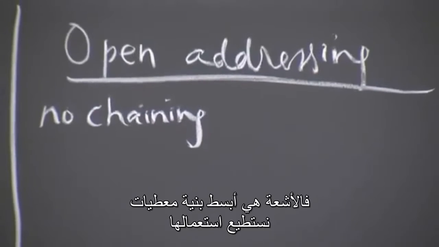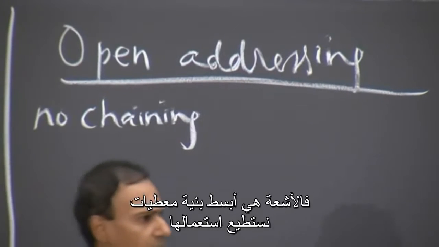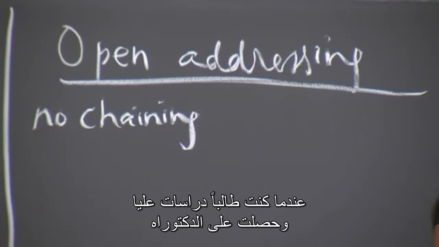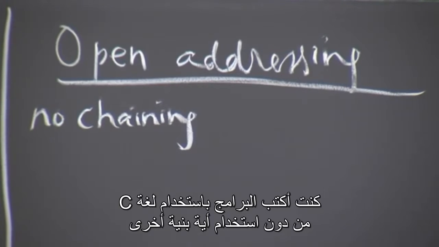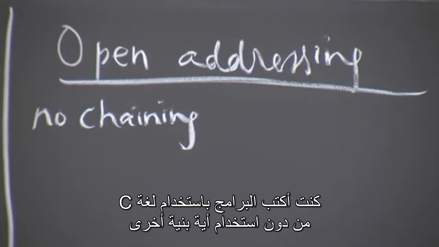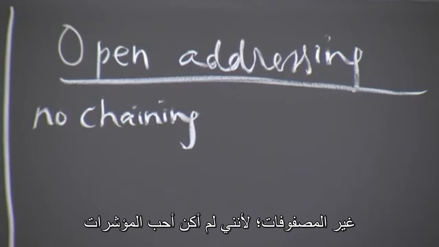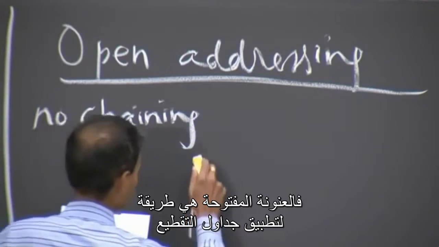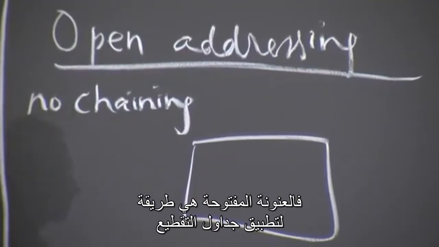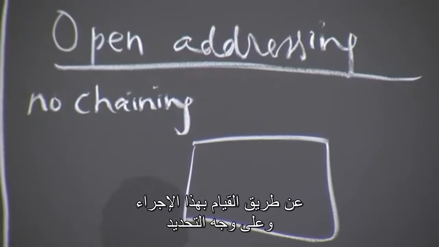You know, the simplest data structure that we can possibly use are arrays. Back when I was a grad student, I went through and got a PhD writing programs in C, never using any other structure than arrays, okay, because I didn't like pointers. And so open addressing is a way that you could implement hash tables doing exactly this.